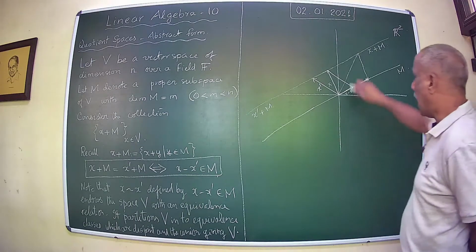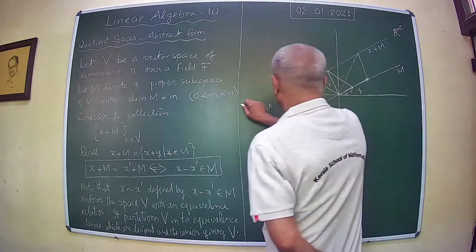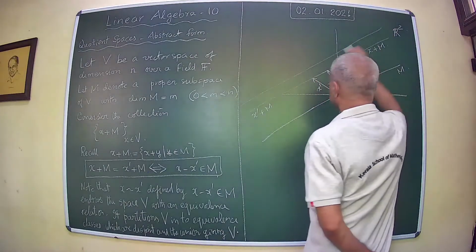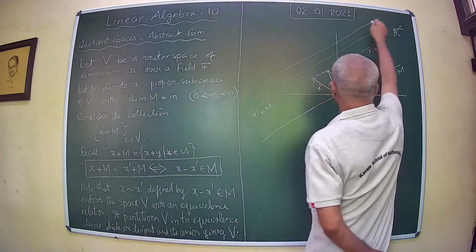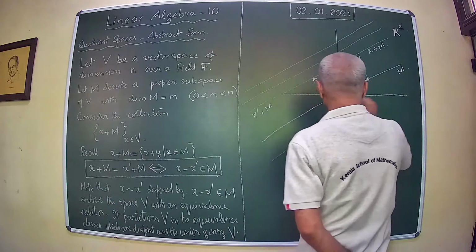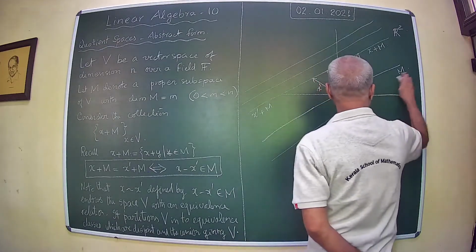So in R2, this amounts to all lines parallel to the given line generated by various vectors.